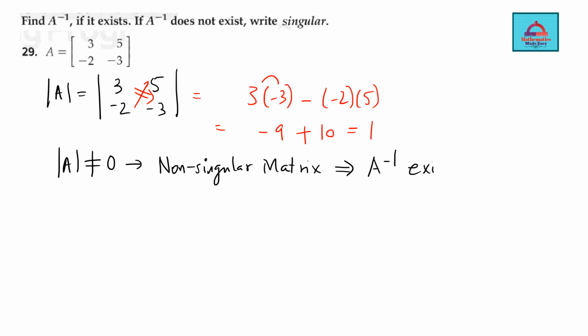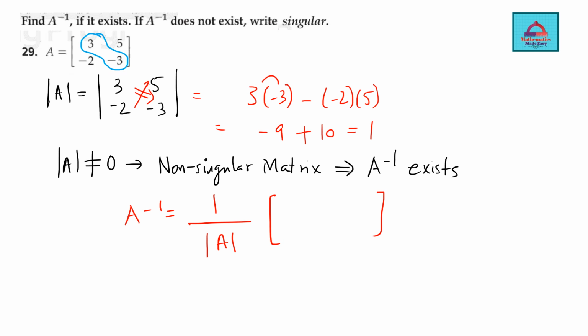And the fact that it is non-singular makes it easy for us to find A inverse. So A inverse exists. Now let me give you the formula. This is important. How do we find A inverse? There is a shortcut, there is a rule. So 1 divided by the determinant of A, and then you put the square brackets for the matrix and do a change. What is that change? Let me show you. You take the primary diagonal elements and you change their positions, just interchange.